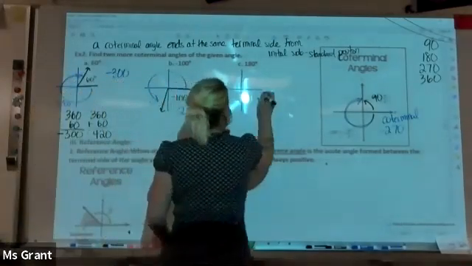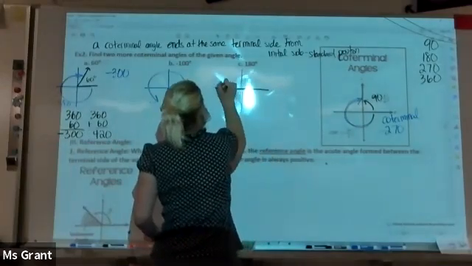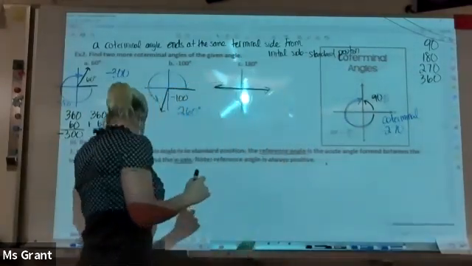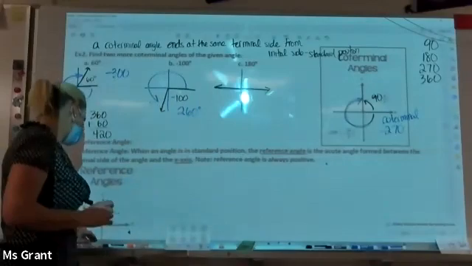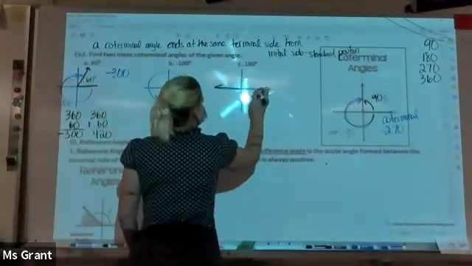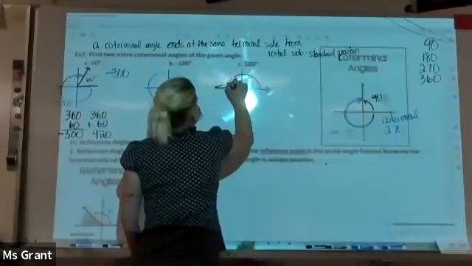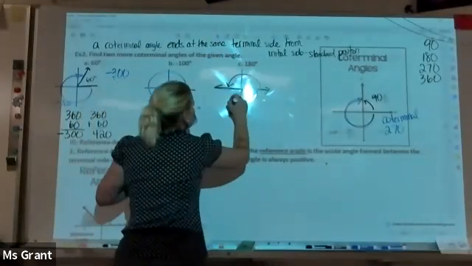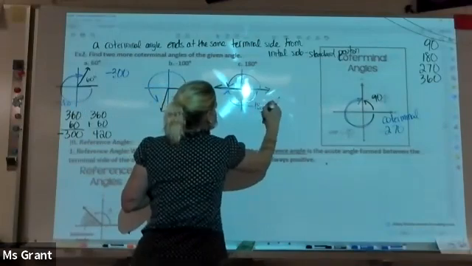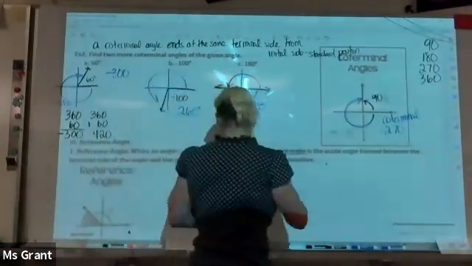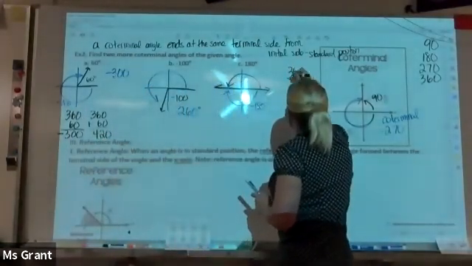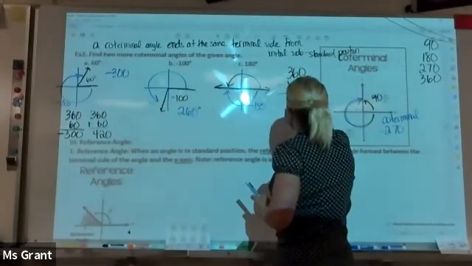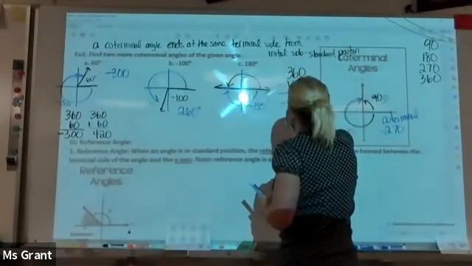180 is just a straight angle. And I'm going to do positive 180. My negative angle is negative 180. So it's like 360 minus 180. That's where I get my negative 180.